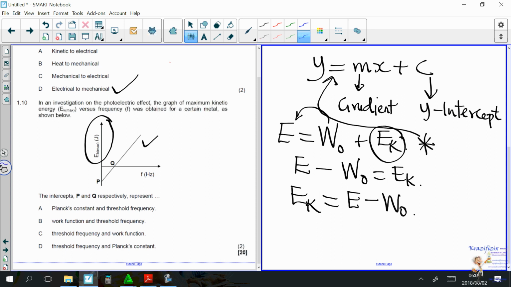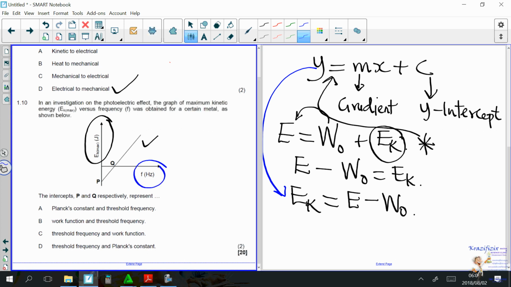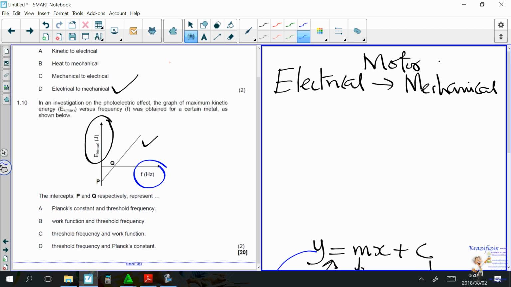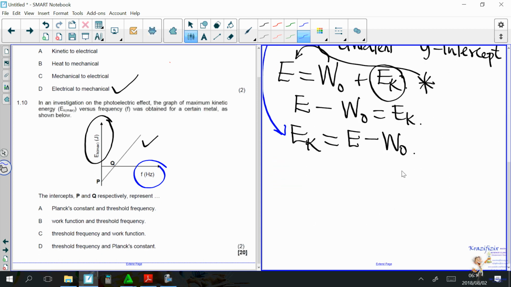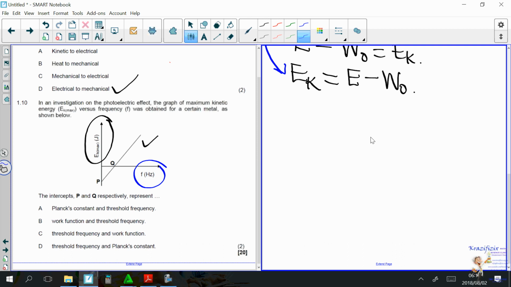Now, do you see that here I already have y as kinetic energy? Now, what's on the x? Frequency. Where am I going to get frequency from here? Do you remember again on the formula page that the energy of the photon can be calculated as hf, so E_k equals hf minus work function. Oh, we're there.